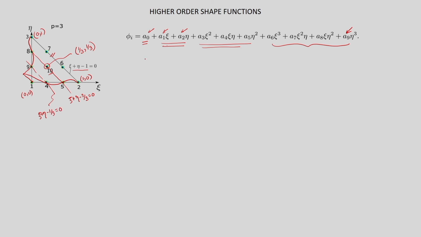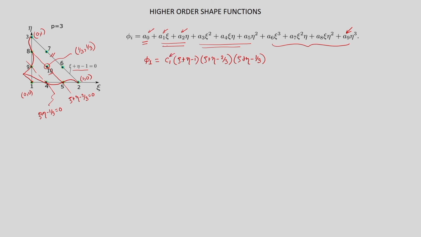So if we remember what we did earlier, we can say phi 1 comprises of xi plus eta minus 1, xi plus eta minus 2 by 3, xi plus eta minus 1 by 3. And in order to ensure that the value of phi 1 is 1 at node 1, we put a coefficient C1. Now how do we calculate the coefficient C1?